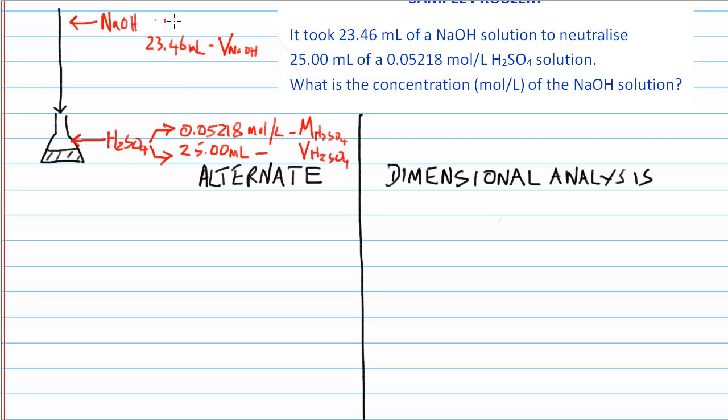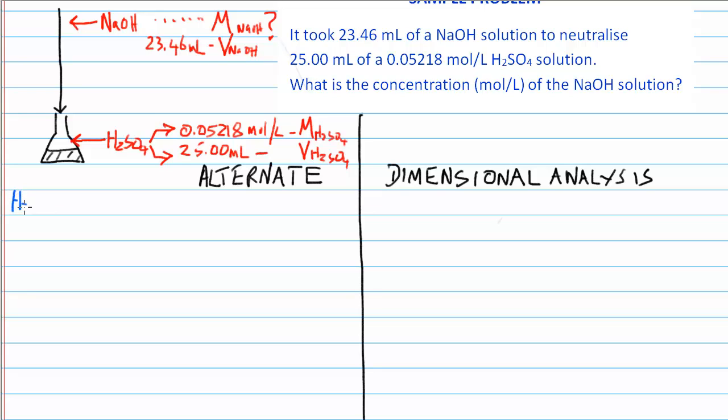The only thing we don't know here is the molarity of the sodium hydroxide. That is what is unknown, and that's what we have to find. So again, of these four quantities, one is unknown, and we're going to have to solve for that. So as always, we begin by writing out the balanced chemical equation for the reaction.